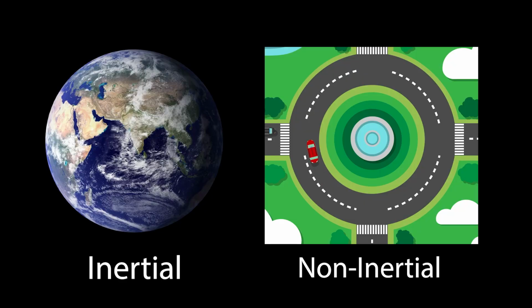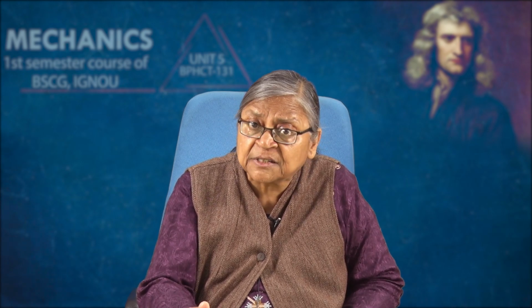You need to be able to solve problems on identifying which frames of reference are inertial and which ones are non-inertial. We will be studying Newtonian mechanics only in inertial frames of reference, but these concepts will be used in later courses on special theory of relativity, for example, and when we actually analyze motion from non-inertial frames of reference.